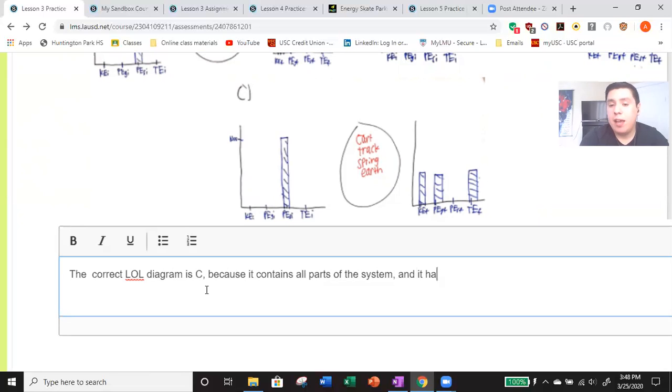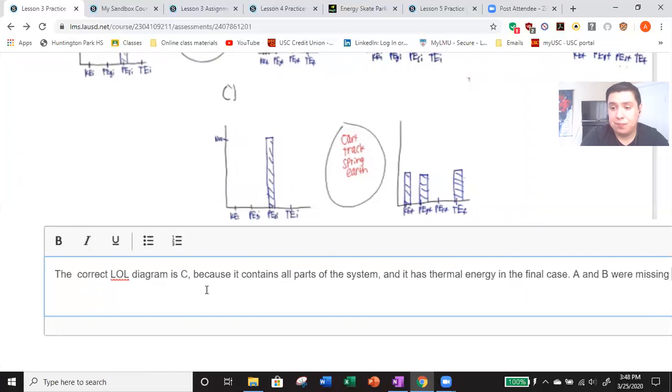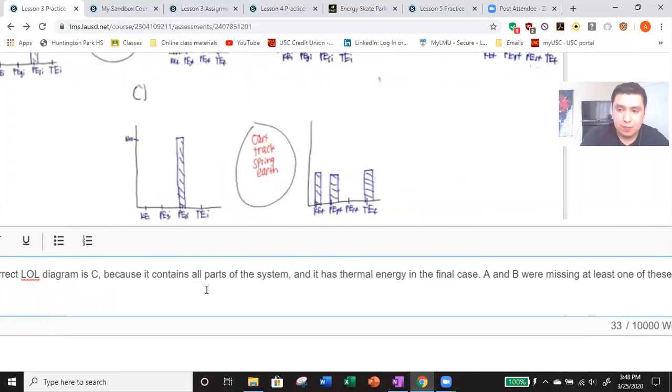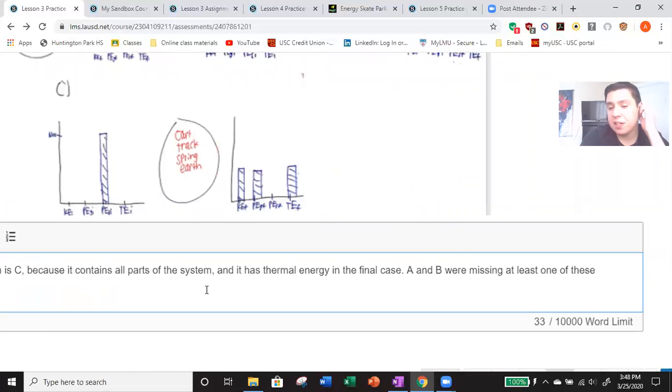And it has thermal energy in the final case, which is caused by friction. A and B, we're missing at least one of these, and that's why those can't be the right answer.